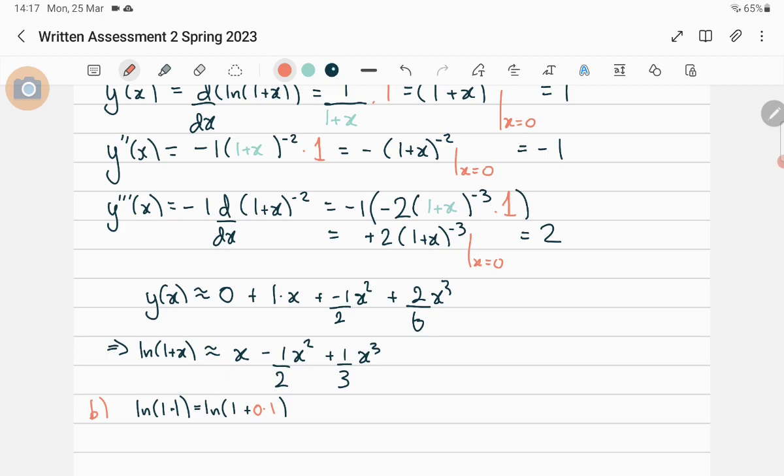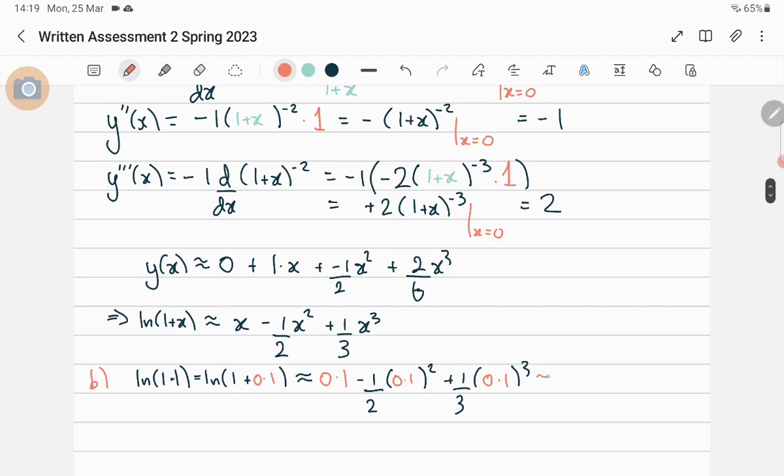And we're going to put 0.1 into the right hand side here. So this is approximately x, which is 0.1, minus a half x squared plus a third x cubed, with 0.1 in each. Pause for the calculator. The question says 5 significant figures.